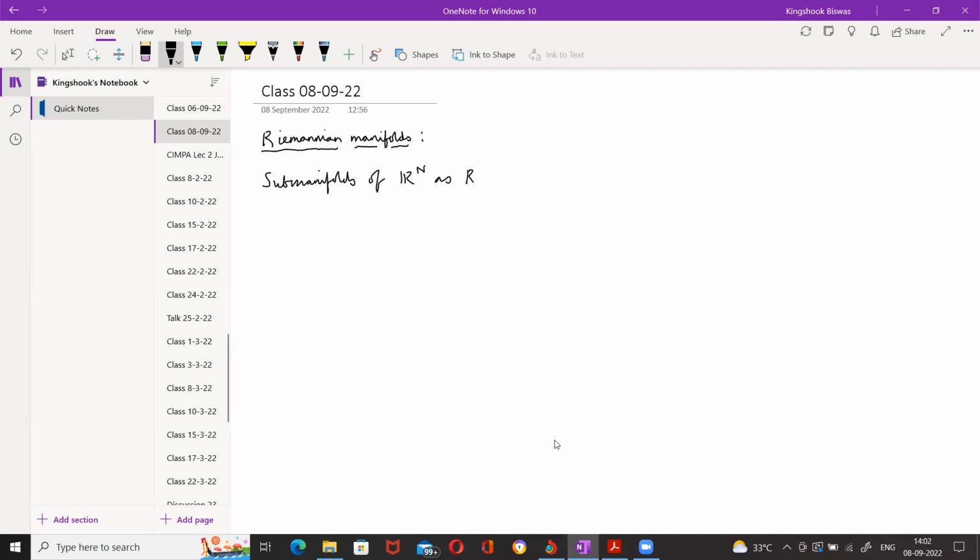These are Riemannian manifolds with the induced metric from Rn. So this means the following. You have your submanifold. So suppose, for example, S2 inside R3.